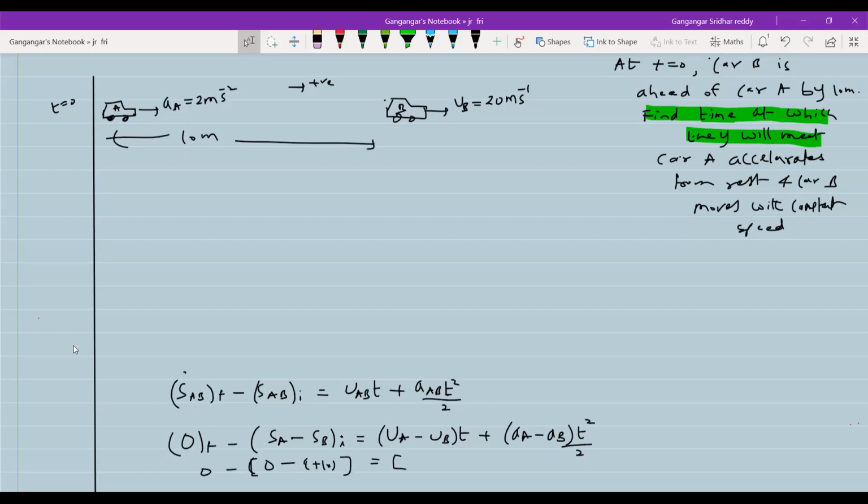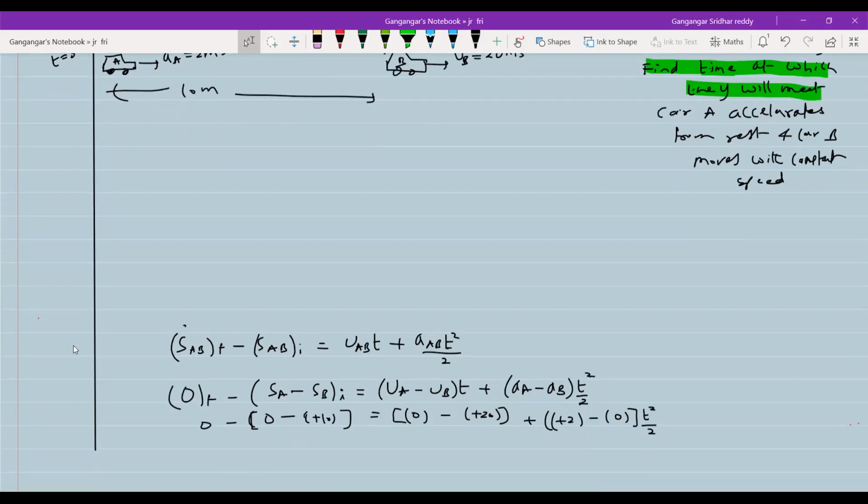Equal to initial velocity of car A, 0, initial velocity of car B, plus 20. Acceleration of car A, plus 2, acceleration of car B, 0, T square.